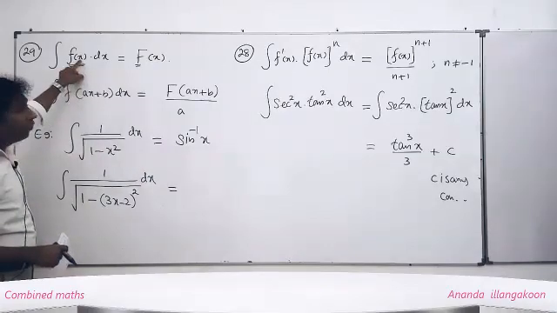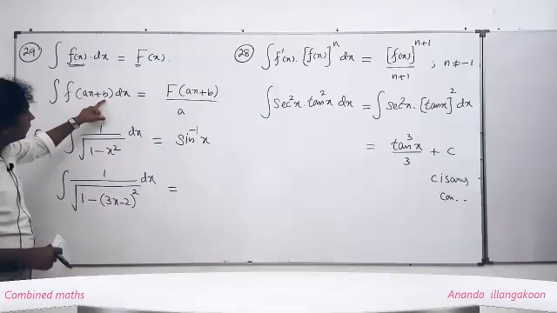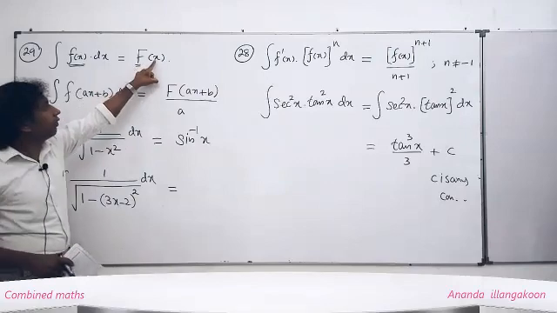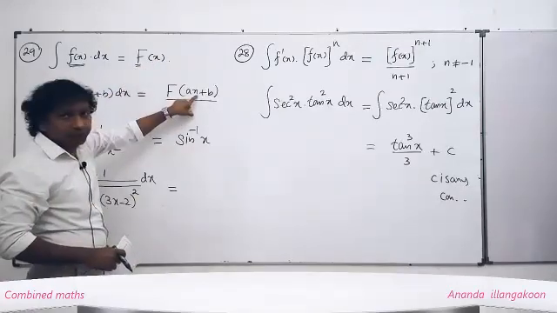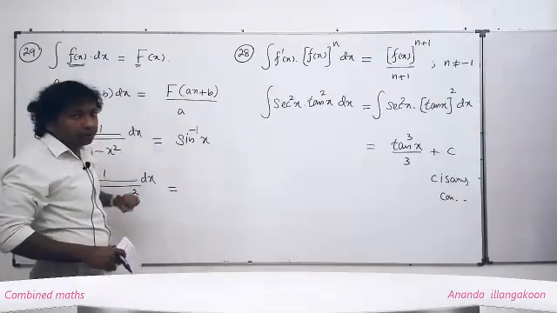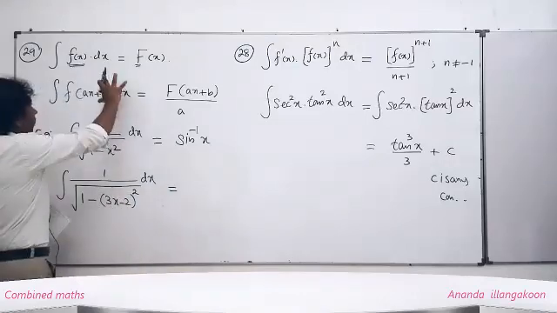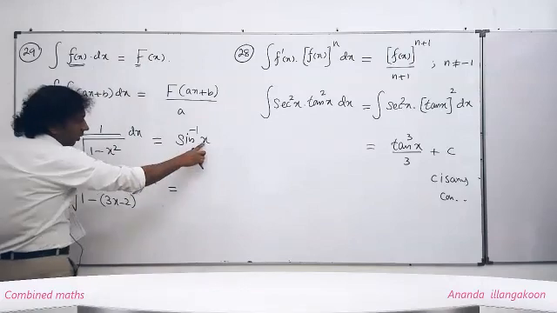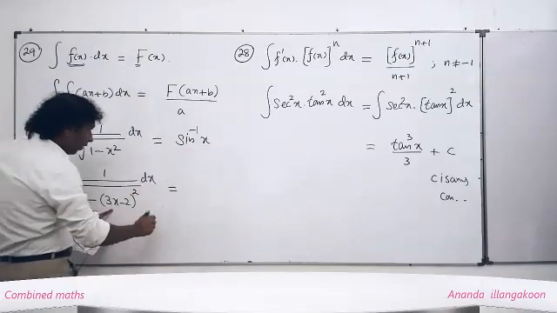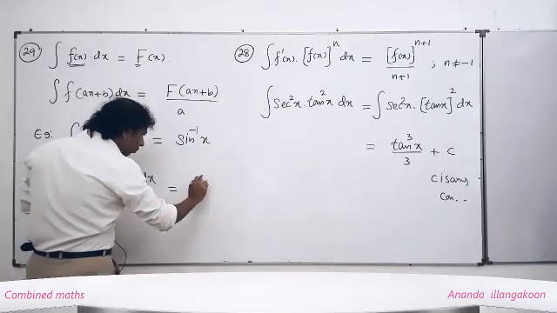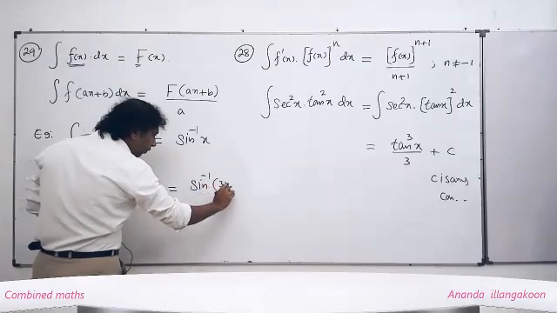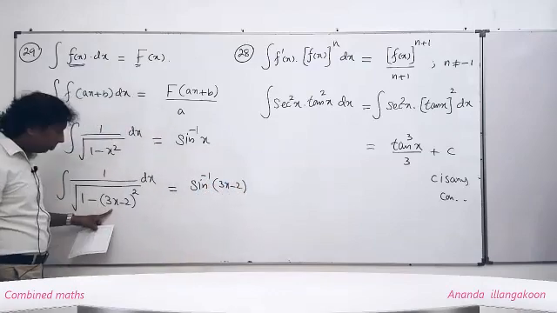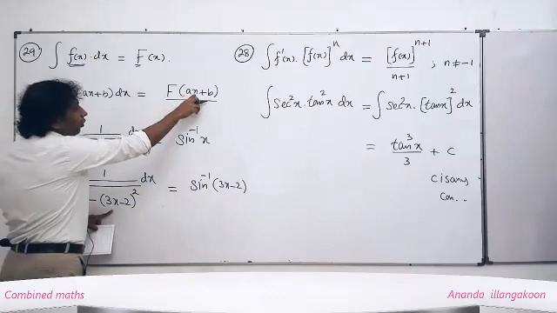Now, if we replace this x by ax plus b, then on the right hand side x also we have replaced by ax plus b, at the same time divided by a. And then, people, once I apply this comparison to this one, this x now we have replaced by 3x minus 2. Sin inverse of 3x minus 2, this part we obtain.